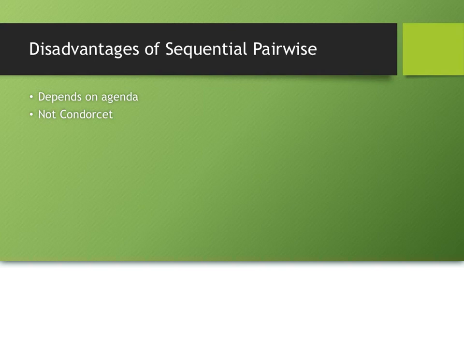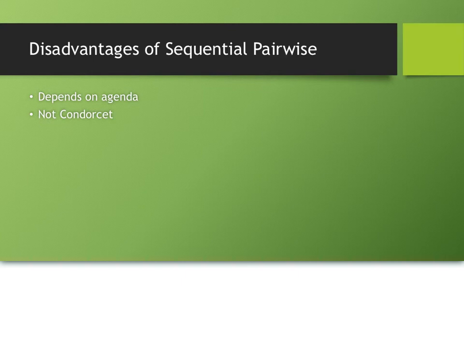So the big disadvantage is that it depends on which agenda we pick. It depends on how the sequence goes in certain occasions. Obviously, if one candidate gets all of the first place votes, then it's no big deal. But it depends on the agenda in the situation that we saw. And a lot of times it does depend on the agenda.